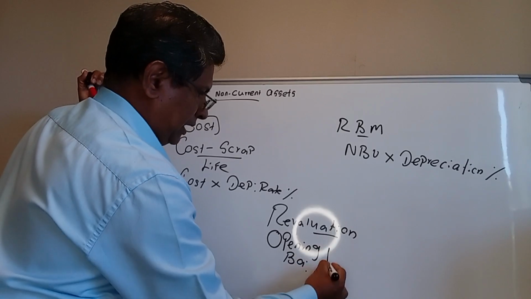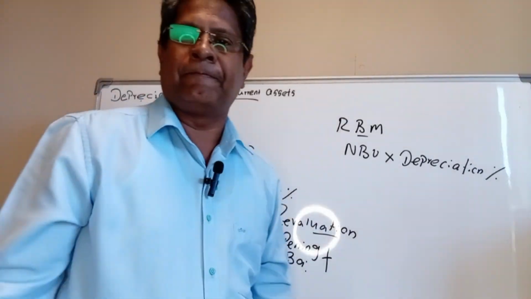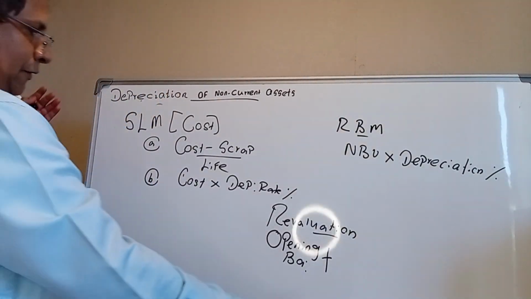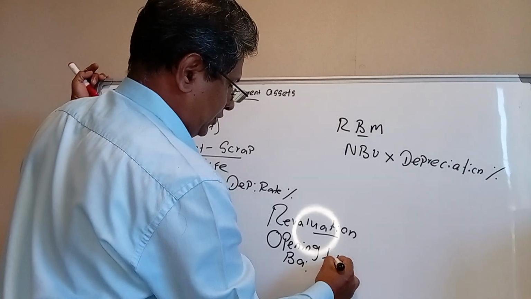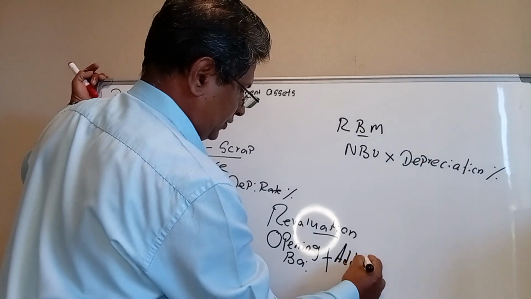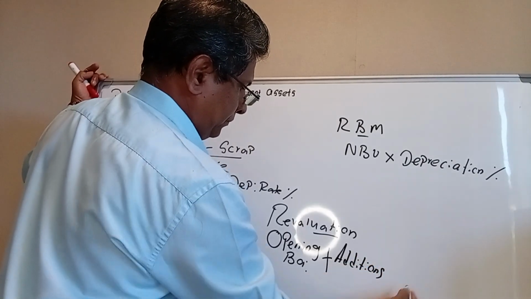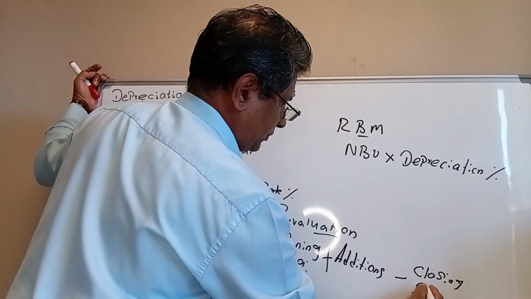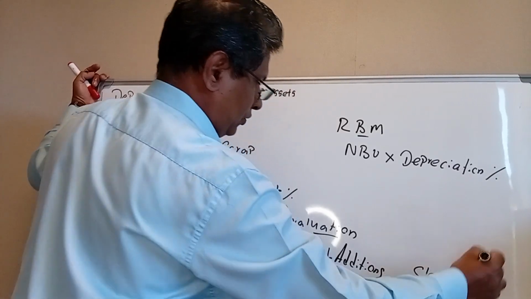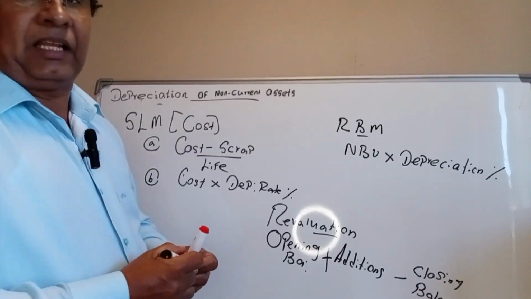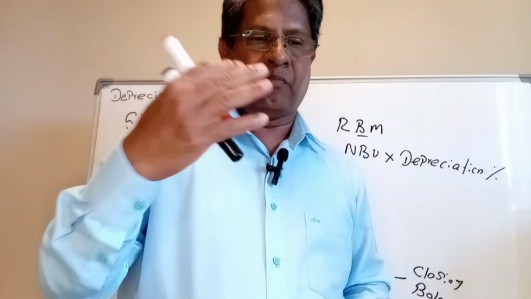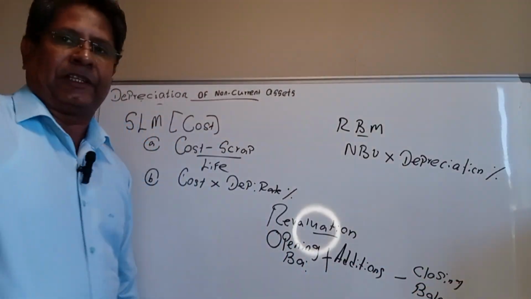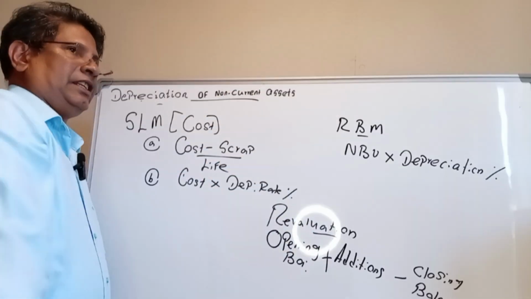You will add, if you have any additions or any purchases during the year, and you will minus your closing balance. So the opening balance plus any additions minus the closing balance, you will be able to find your depreciation on the revaluation method. Now, why is this lesson very important for us?